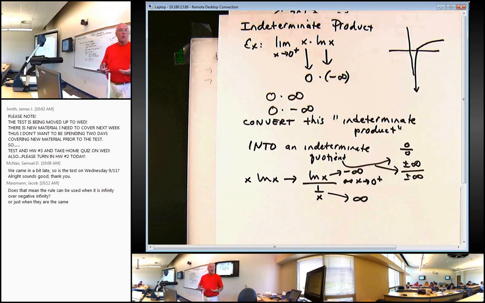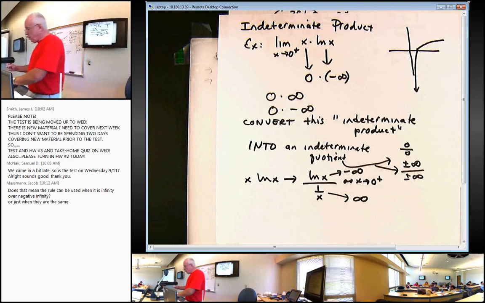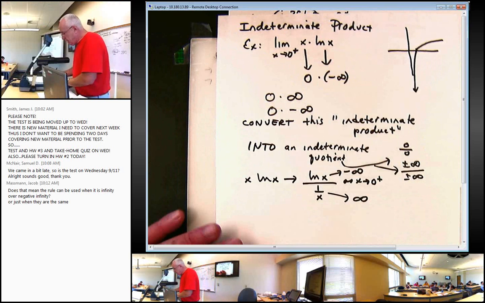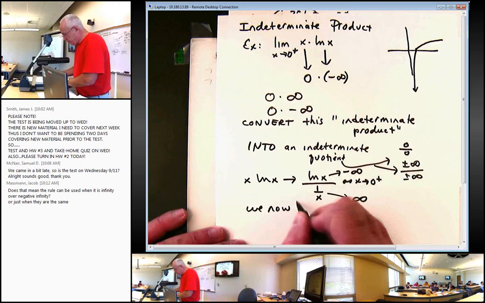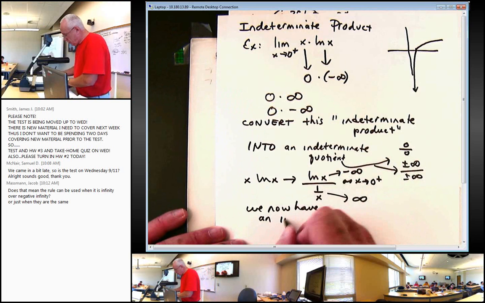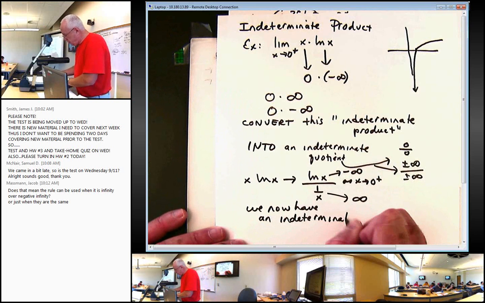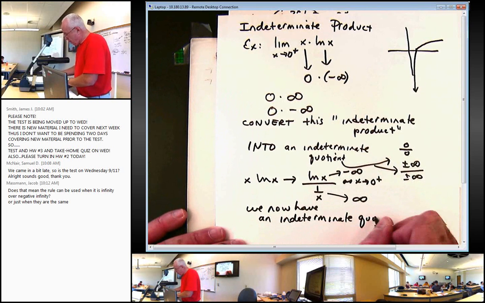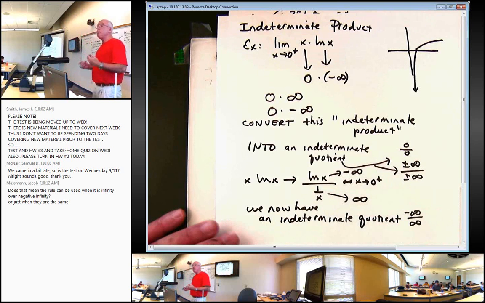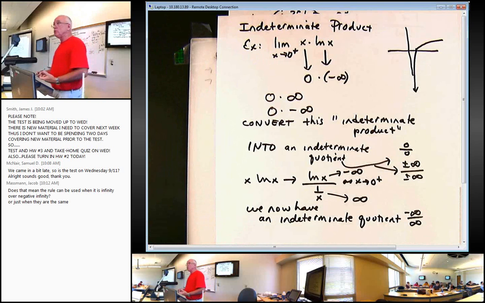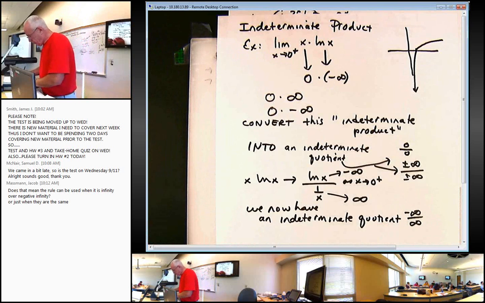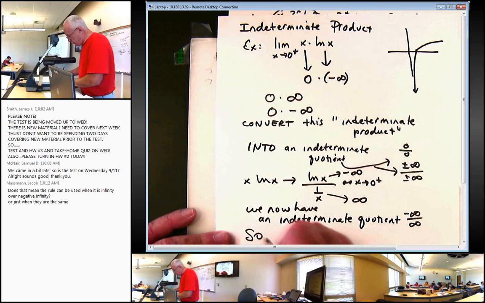So by rewriting it like this, we now have an indeterminate quotient, negative infinity over infinity, and that means we can use L'Hopital's rule.